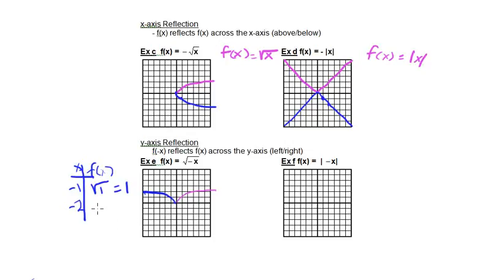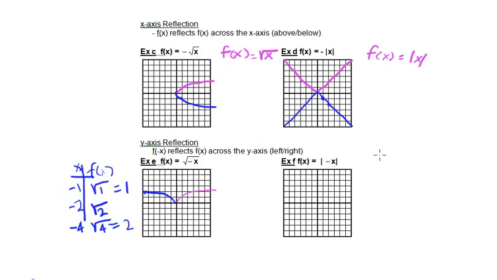Now, when we choose x is equal to negative 2, again, we're talking about the square root of a negative negative 2, which is positive 2, and square root of 2 is about 1.4. And so we can go out to a number which will give us a perfect square root. We've got square root of a negative negative 4 is square root of 4, and that gives us 2. And so we have the point x is equal to negative 4 and y is 2. And you can see that these points do fall along the curve that we've drawn.